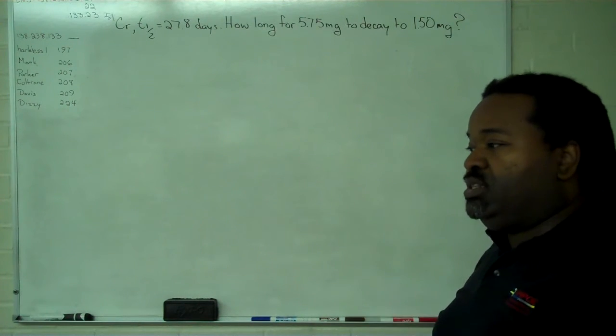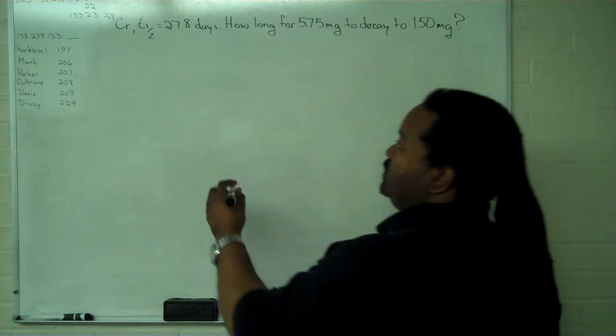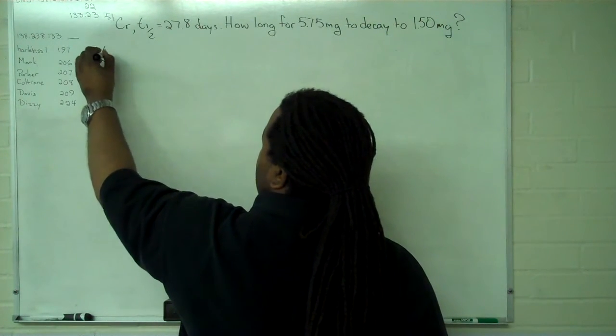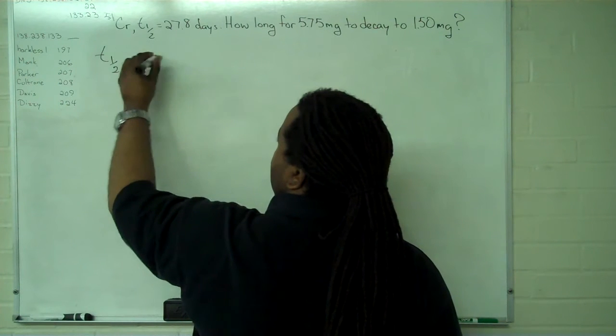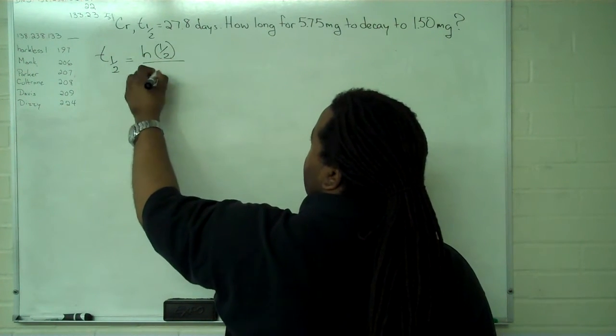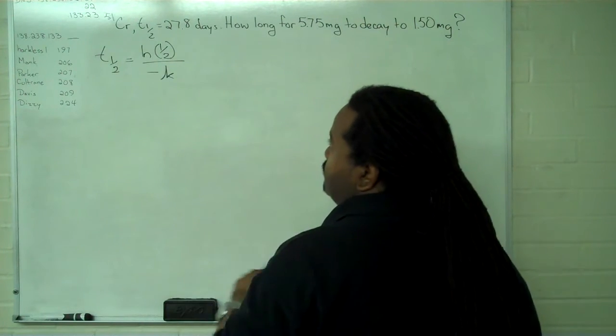In a problem like this, the first thing you want to do is solve for the rate constant. Because this is a first order process, we know that the half-life is ln 1/2 over minus k.